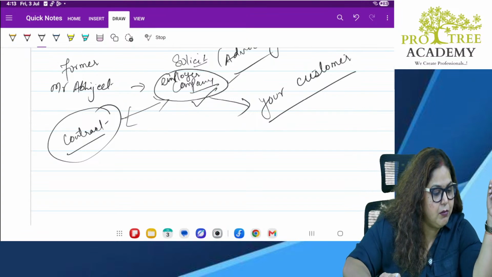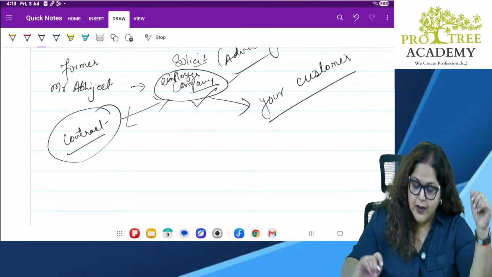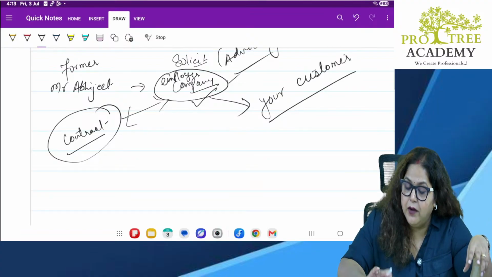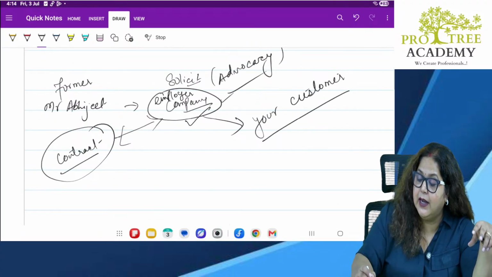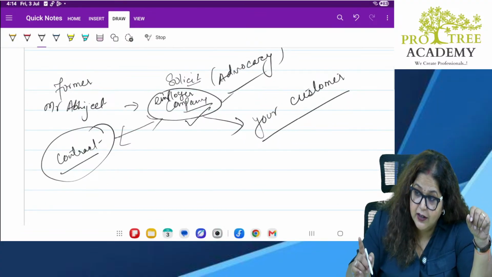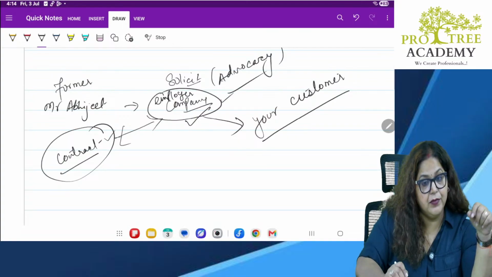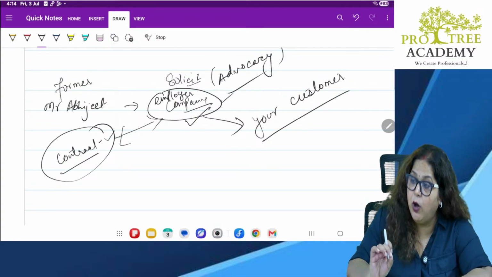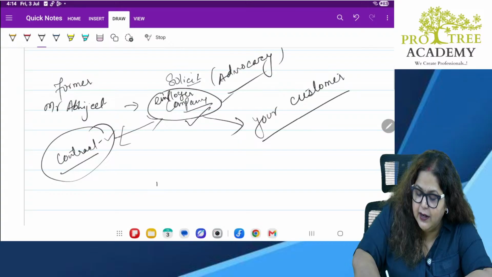So he had made this contract with this company, and he said, I'm not going to solicit. But the contract was there, no? To avoid this contractual obligation, what he had done, he started a new company, guys.